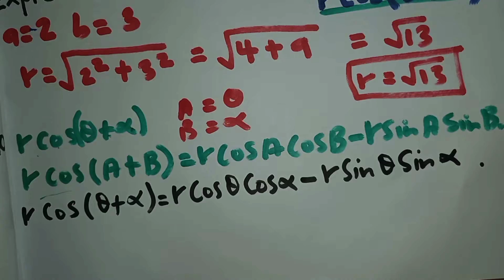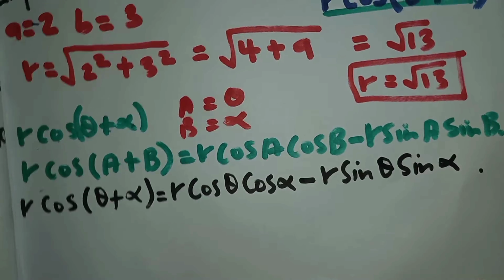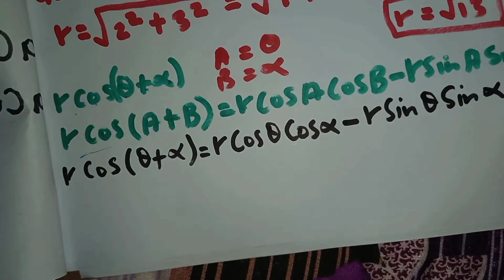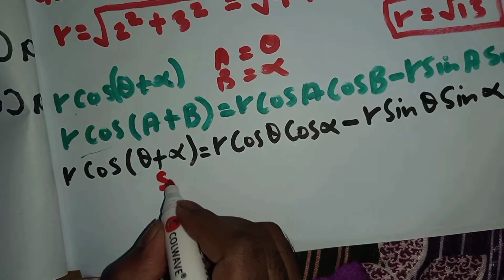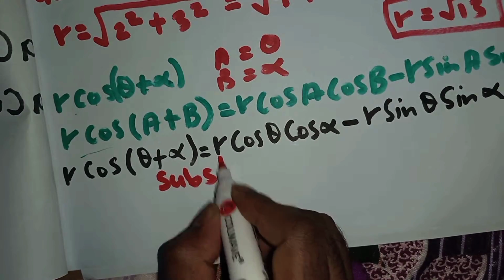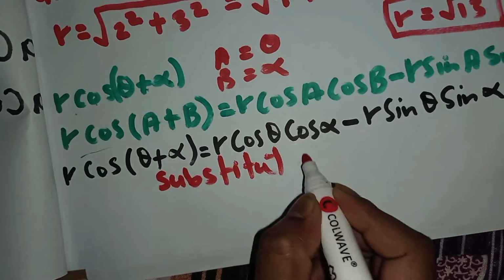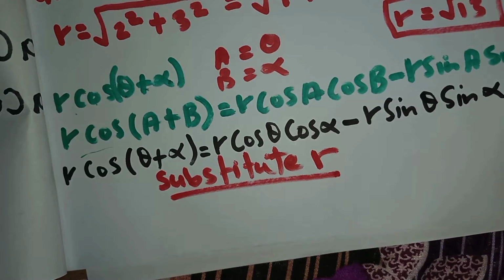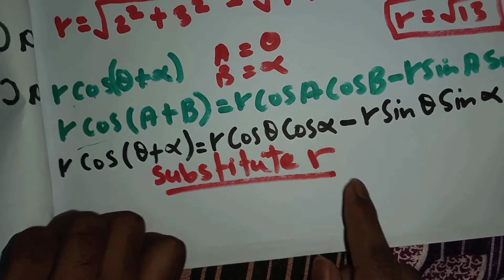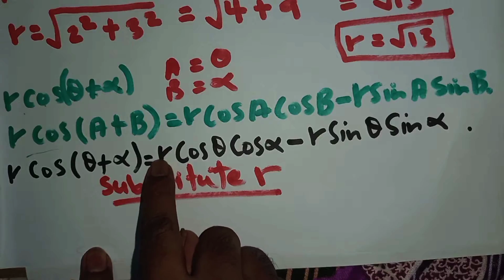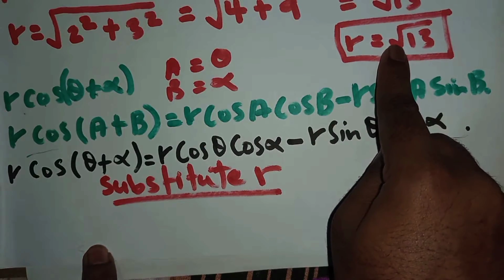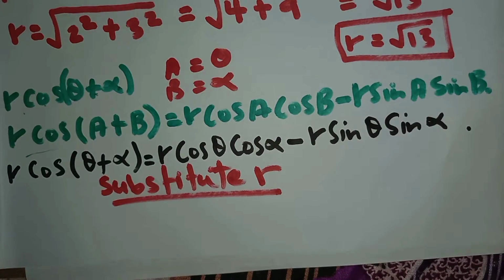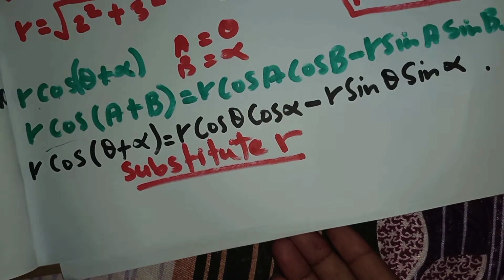Okay, now we can substitute r. Now when we substitute r, in the place of r we are going to write the value of r, which is root 13. So let's do that.